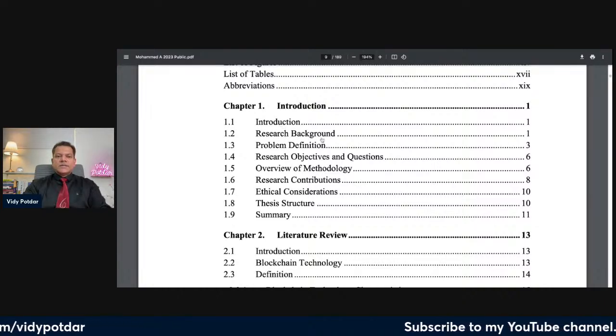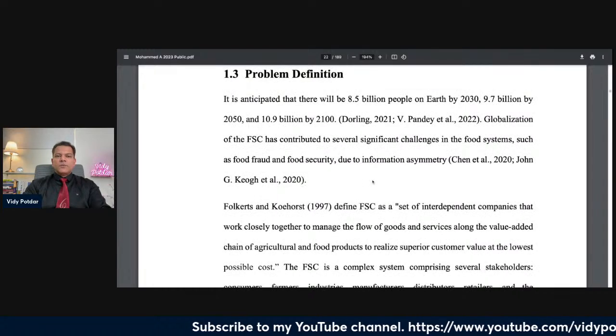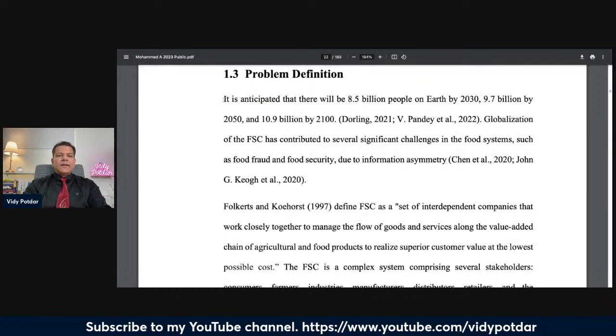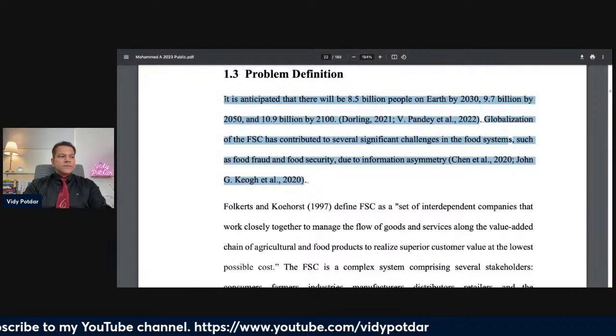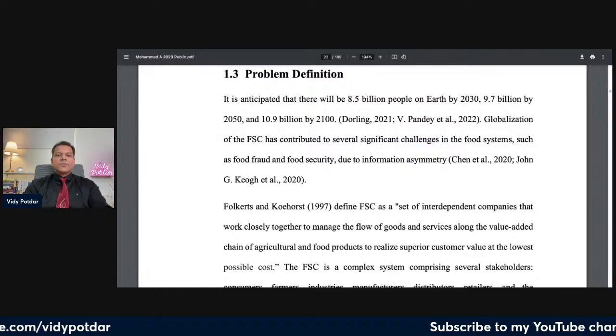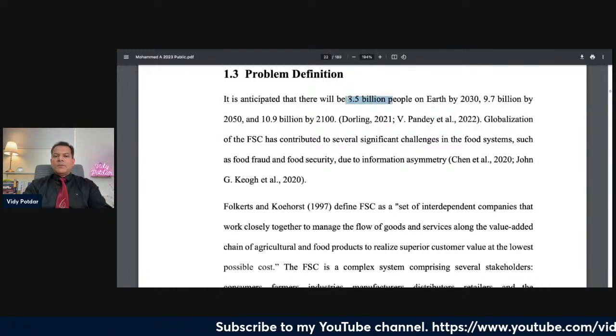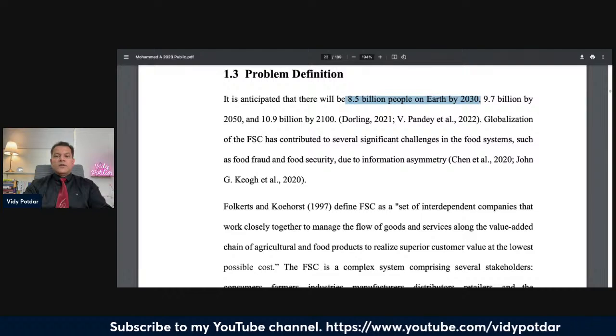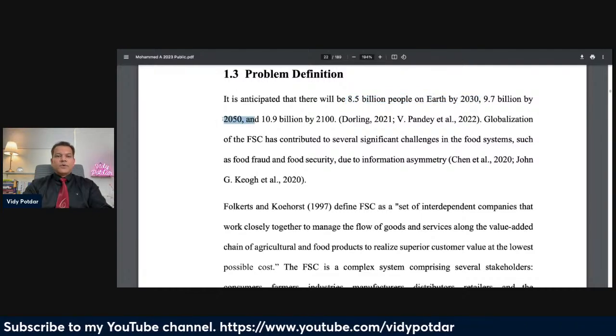So for example, research background, probably I don't want to know. I want to know the problem definition. I can jump to the problem definition, and it actually gives some statistical information on how that defines the problem. It says that it is anticipated that 8.5 billion people will be on Earth by 2030, 9.7 billion by 2050, and so on.